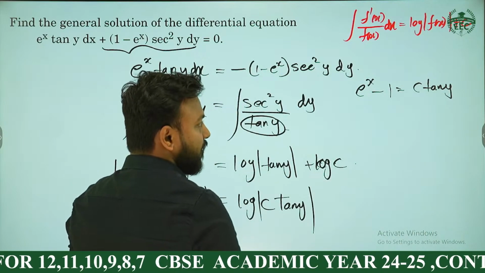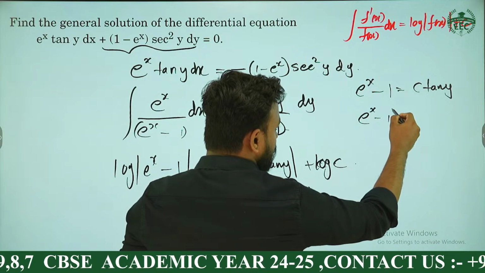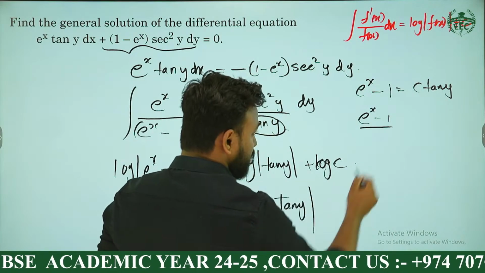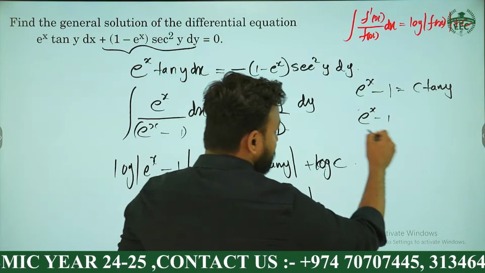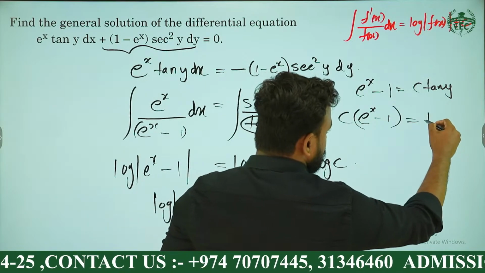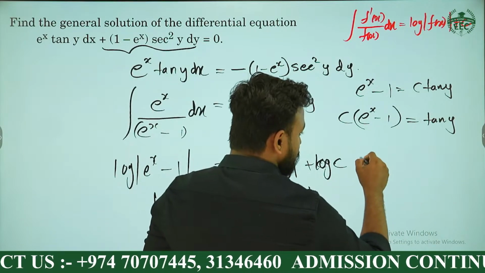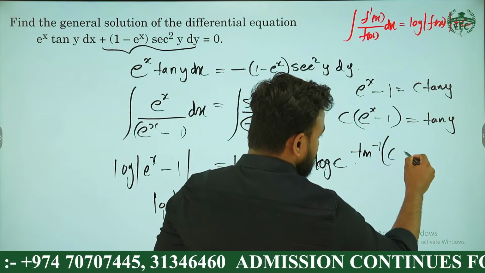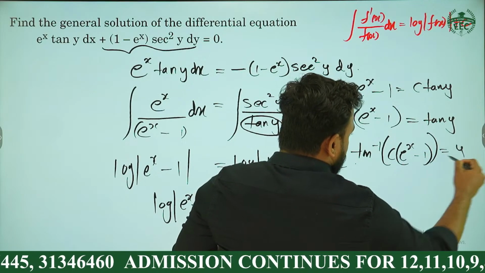Ready? Then finally you can take that c to this side, e raised to x minus 1 by c. You don't want to put c in the denominator because 1 by c is also a constant, so you can write c is equal to tan y. Ready? Then you can take the tan inverse to this side, tan inverse of c into e raised to x minus 1 is equal to y.